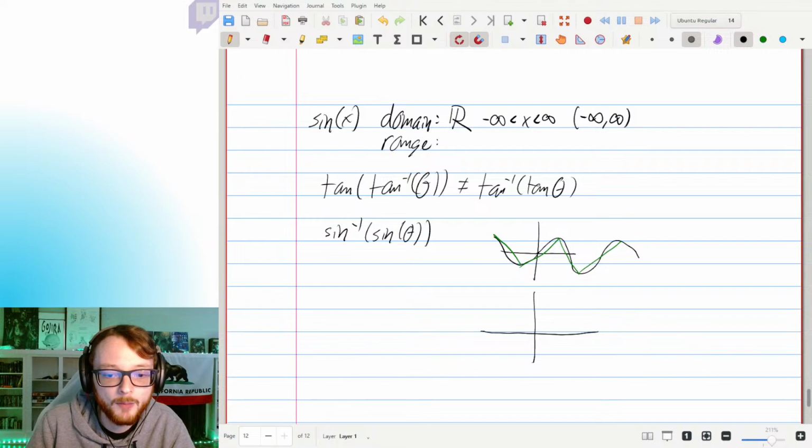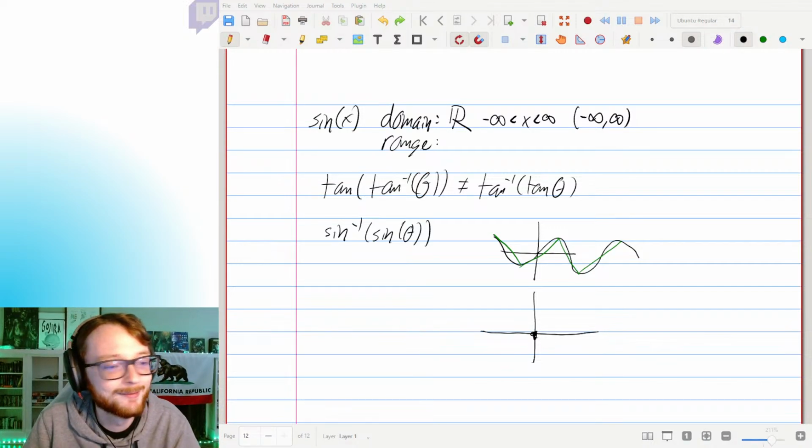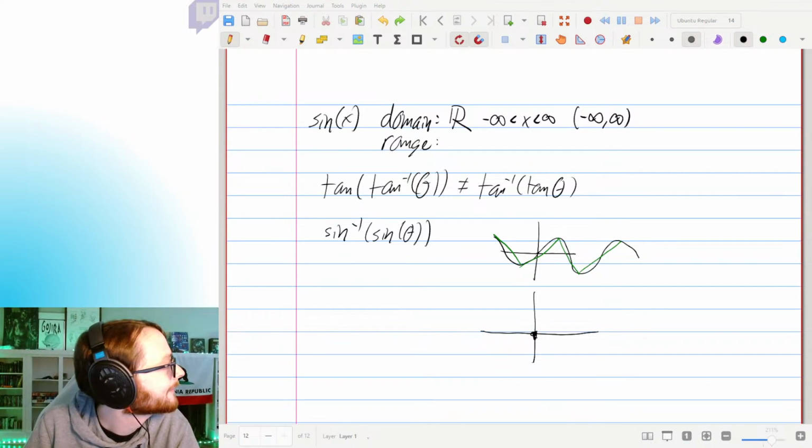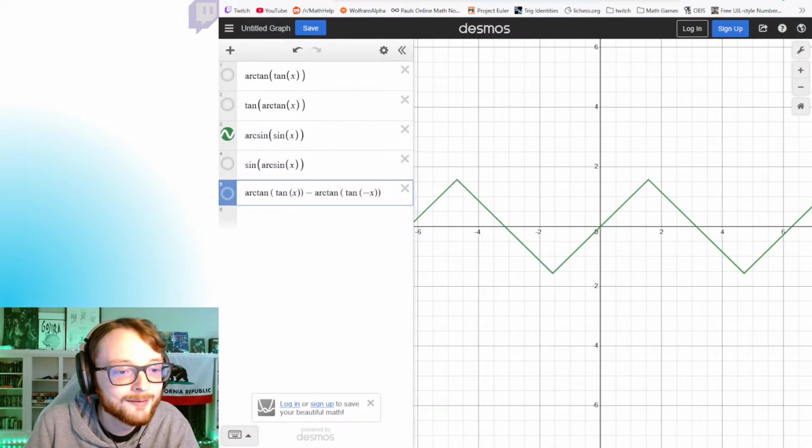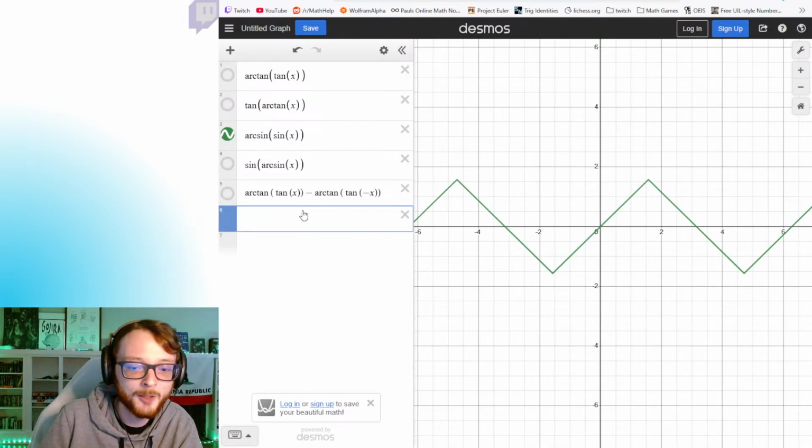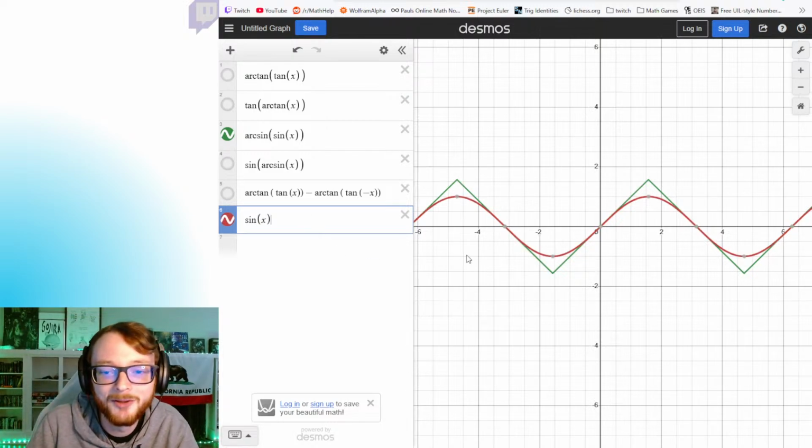So first step, at x equals 0, sine of 0 is 0, inverse sine of 0 is also 0. So we have the origin as one point. And then x equals pi, sine of pi, or no, I guess pi over 2. Sine of pi over 2. Oh, interesting. Wait, we're not exactly following the sine graph, are we? No. It goes a little higher.